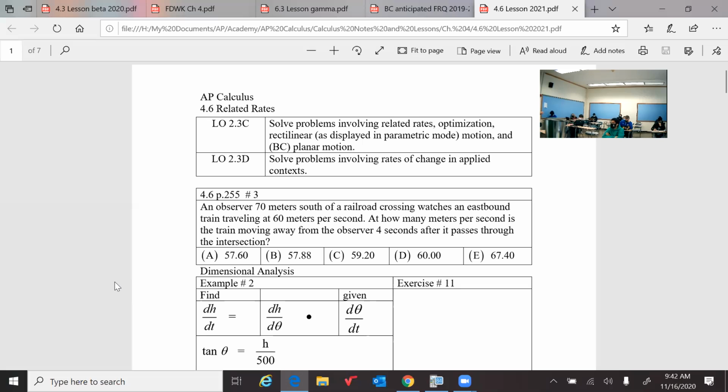So the two approaches are dimensional analysis or implicit differentiation. Not every problem can be done both ways, and you might have a preference. It took me a while to get my mind around implicit differentiation, and now I'm comfortable with it, so I'm going to try and do it that way. If somebody else has done dimensional analysis in chemistry, they're comfortable with that.